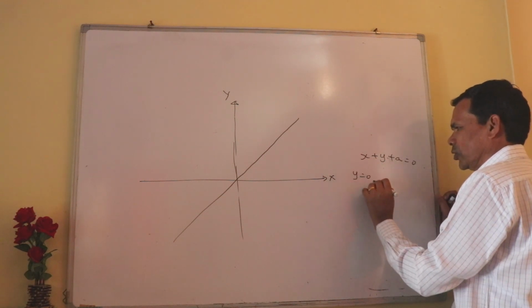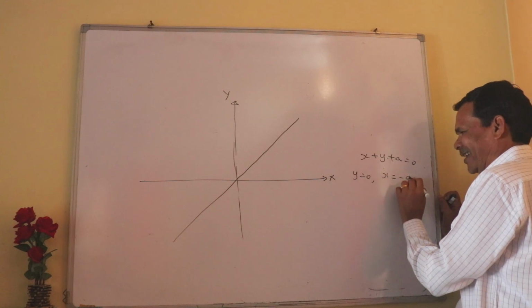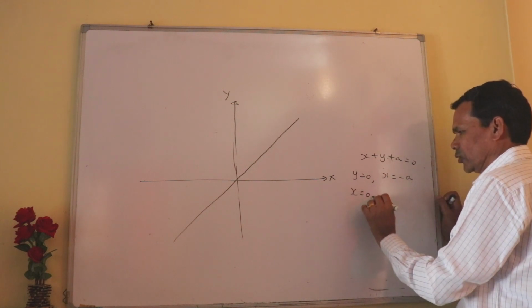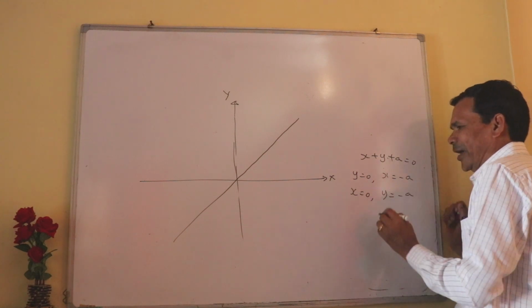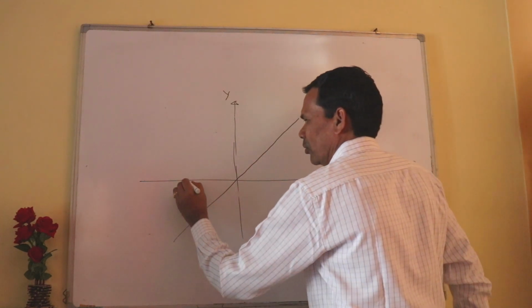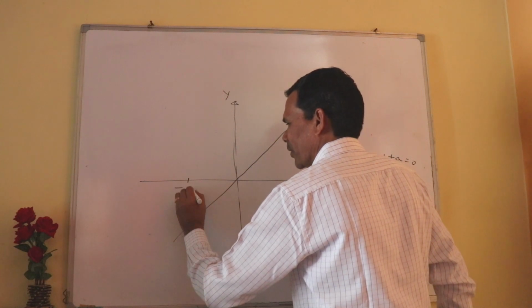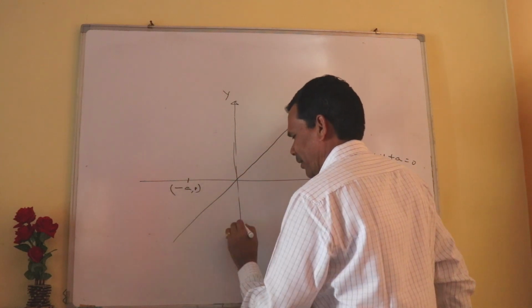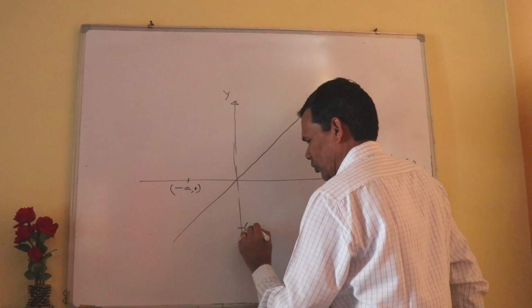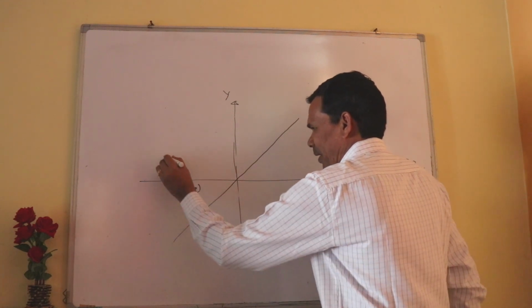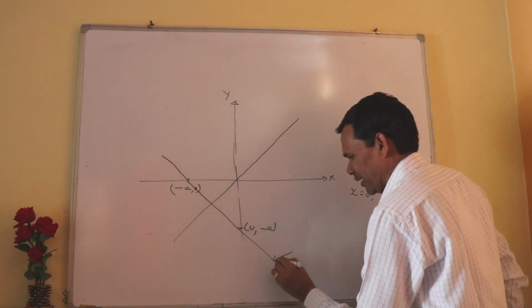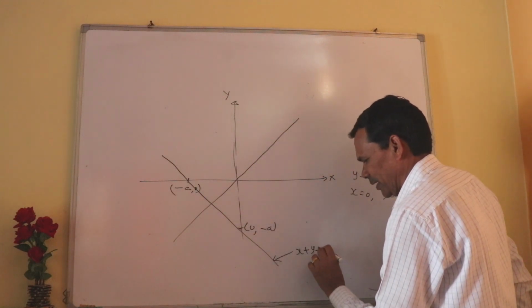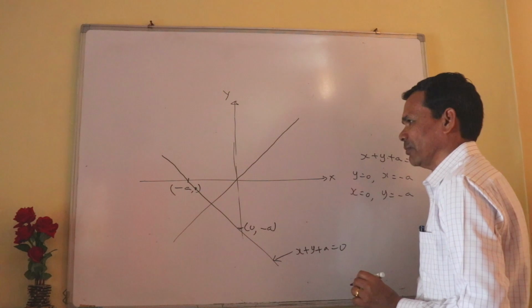For y is equal to 0, x is equal to minus a. For x is equal to 0, y is equal to minus a. So the points are minus a, 0 here, and the next point is 0, minus a. The line passing through these is x plus y plus a is equal to 0. This is the asymptote.